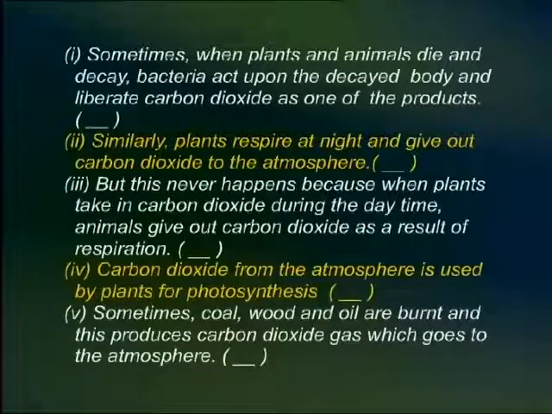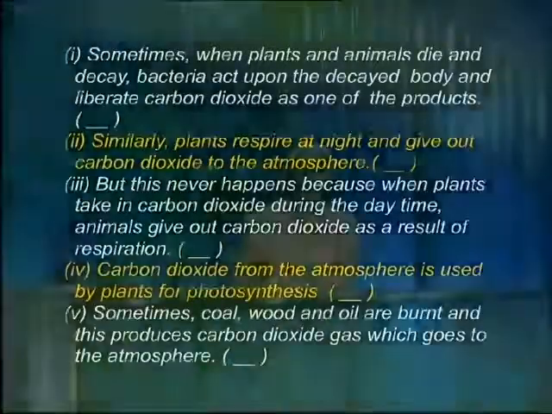Sentence number 4. Carbon dioxide from the atmosphere is used by plants for photosynthesis. Sentence 5. Sometimes coal, wood, and oil are burnt, and this produces carbon dioxide gas which goes to the atmosphere.